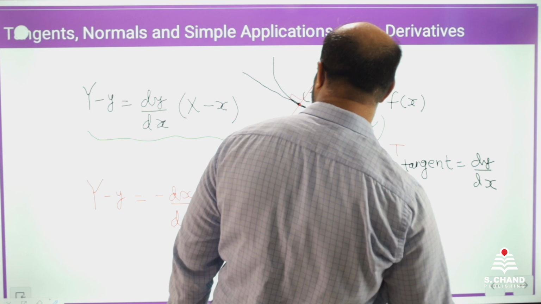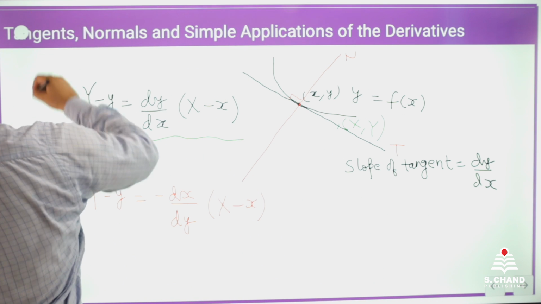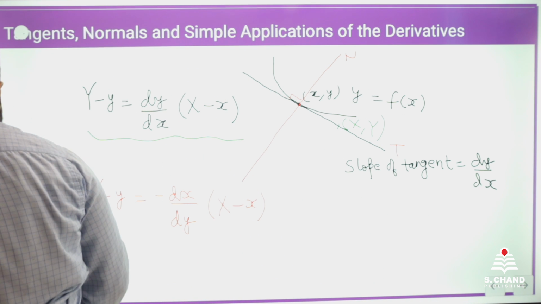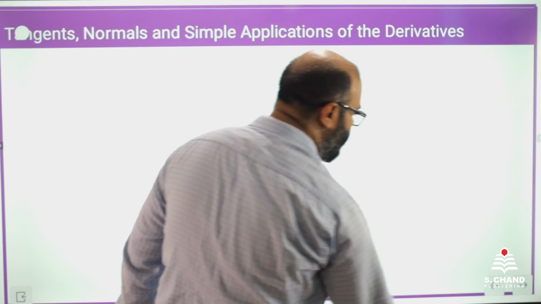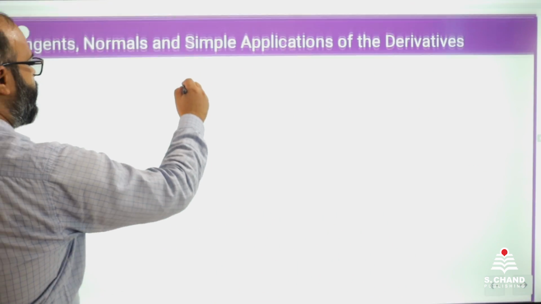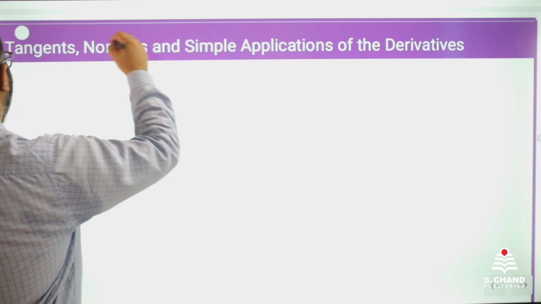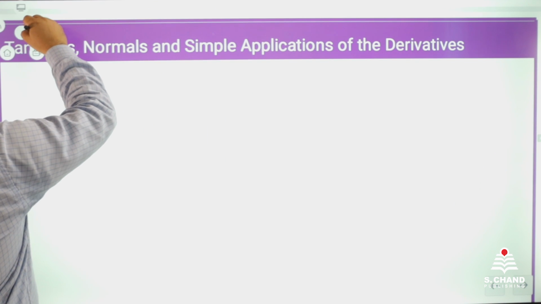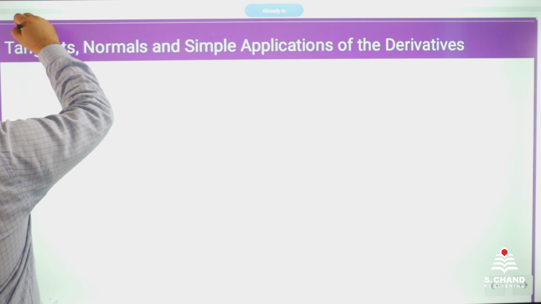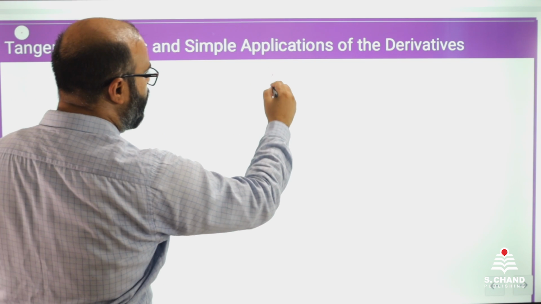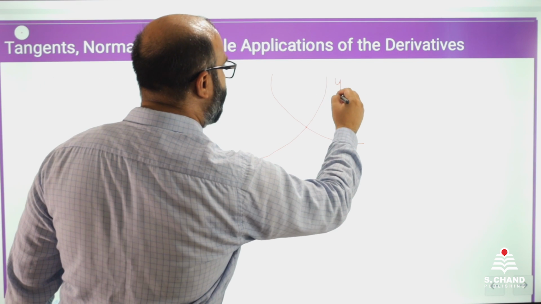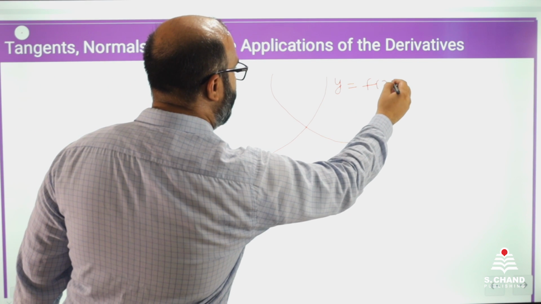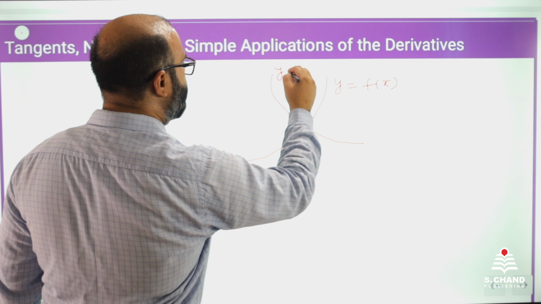Next important thing which we have to know here is basically about the intersection of two curves. So if we talk about the intersection of two curves, it is about the intersection of their tangents. So if we take two curves, y is equal to f x, another one is y is equal to g x.